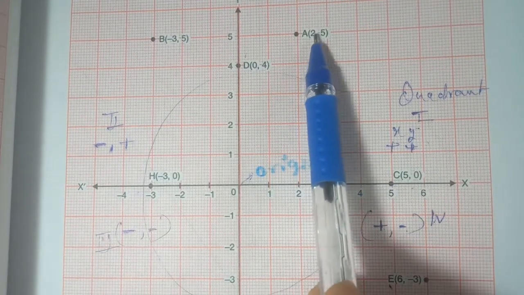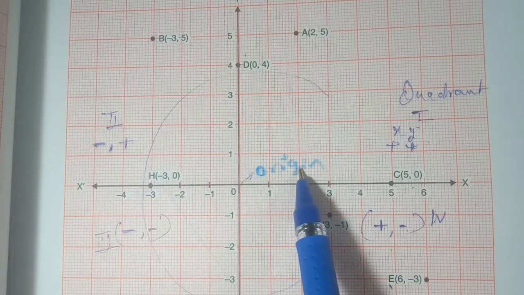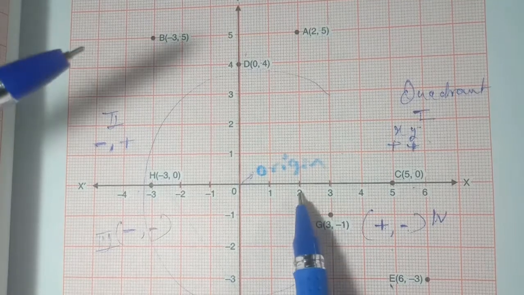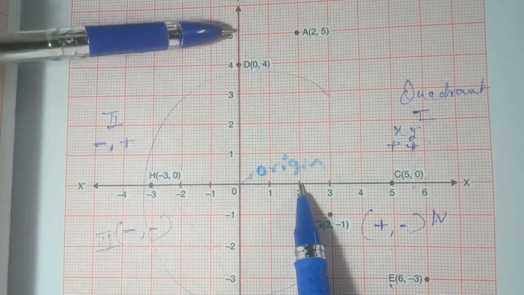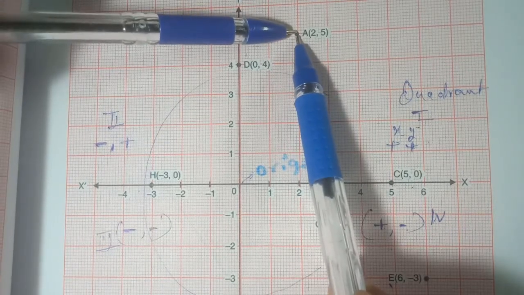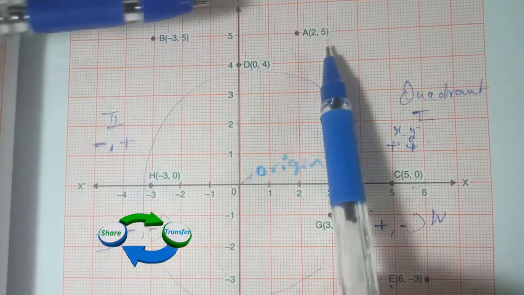The value of x is 2 and y is 5. How are we going to plot it? We have to find their intersection. We have to check where they are intersecting. Both of them are intersecting here. So point A is plotted here, 2 and 5.